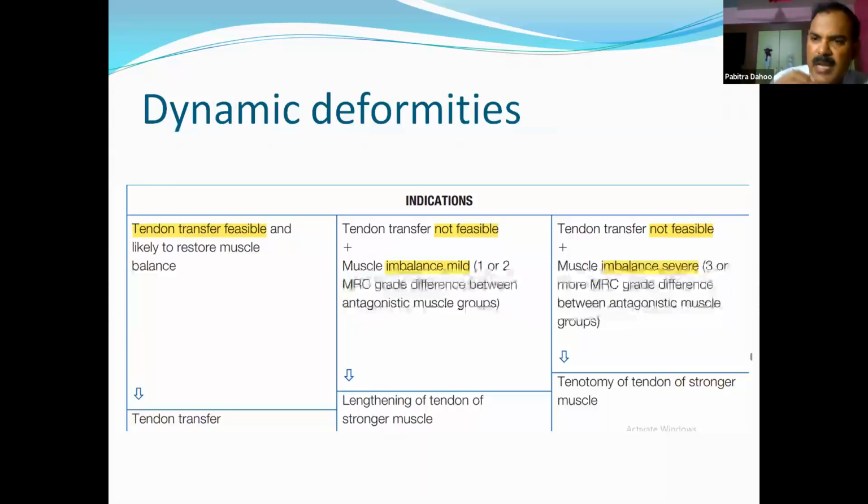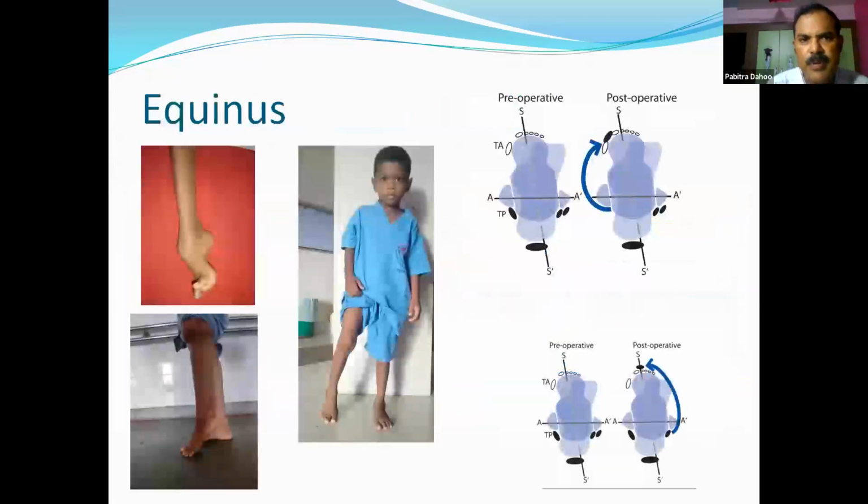So, indication of lengthening, indication of tenotomy: if the deformity is very severe and tendon transfer is not possible, go for tenotomy. If the deformity is less severe, and tendon transfer is not possible, or you don't have the facility for tendon transfer, go for tendon lengthening. This is the basic way to maintain a balance between agonist and antagonist to prevent deformity.